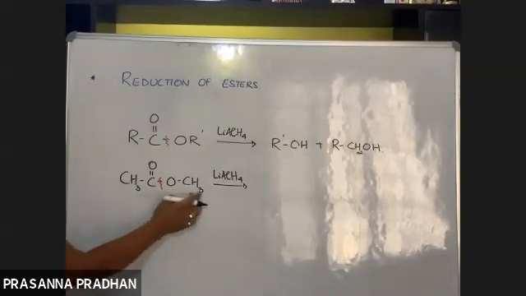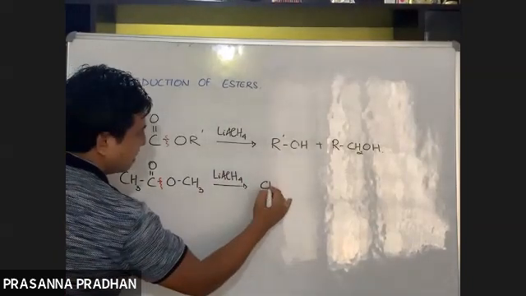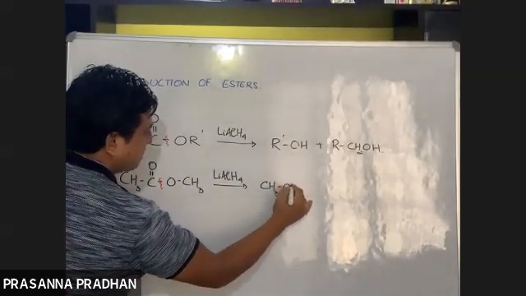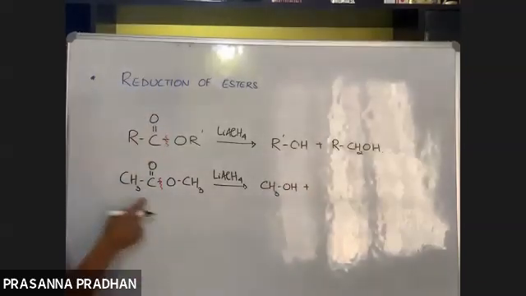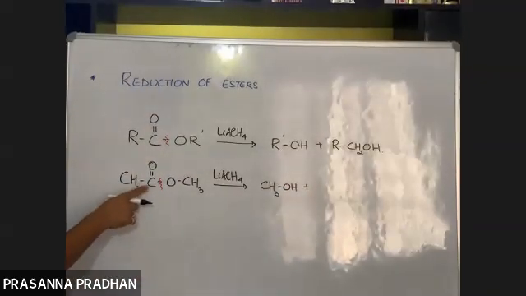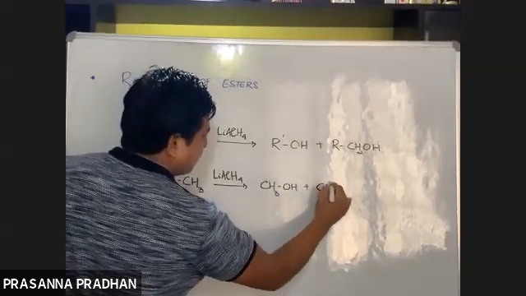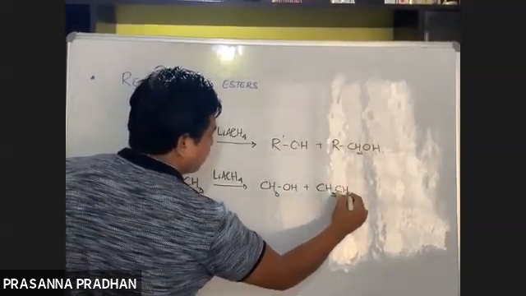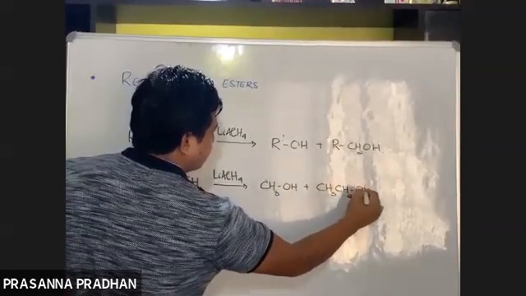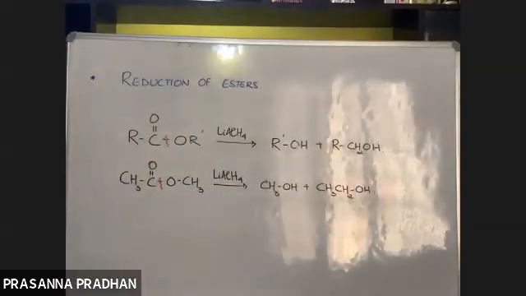We get CH3OH plus the other fragment, an alcohol containing 2 carbon atoms. Here 2 hydrogens can be added, so we get CH3CH2OH. So we get a mixture of alcohols.